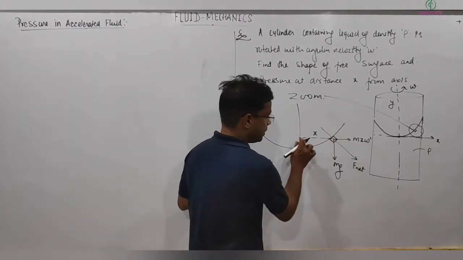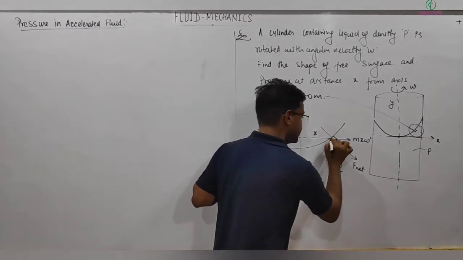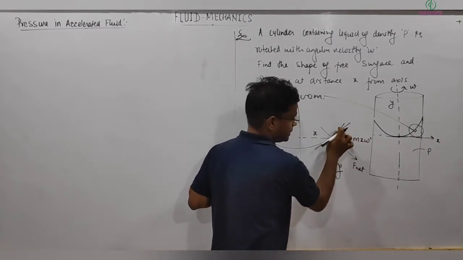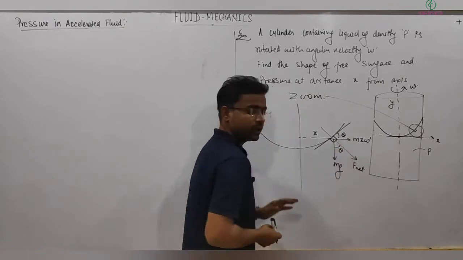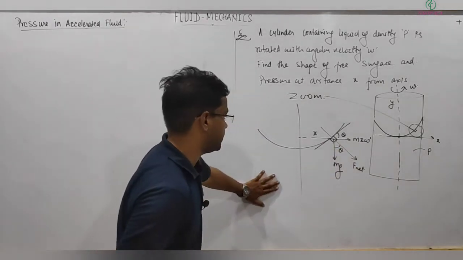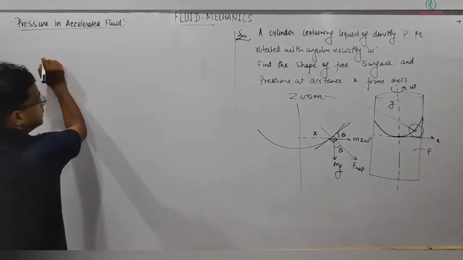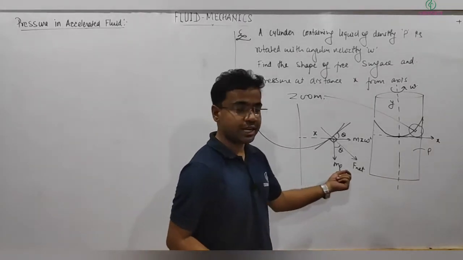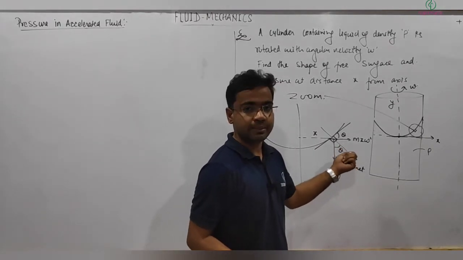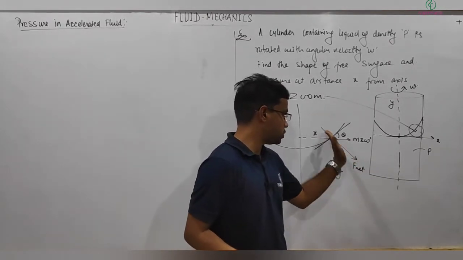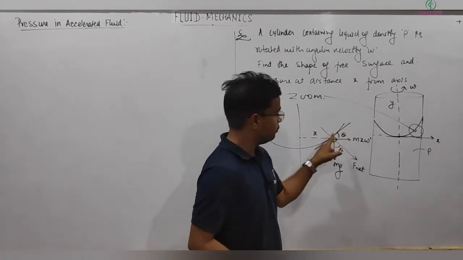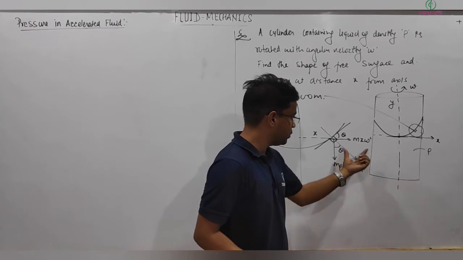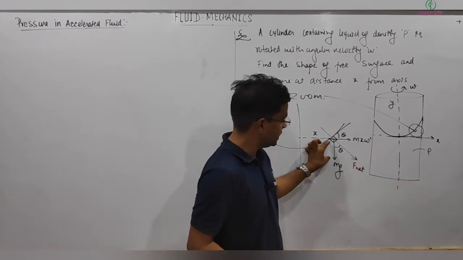Now let's say at distance x, this angle is theta, this is total 90, so this will also be theta, right? First let me get the theta. So tan theta will be equal to what? Because the alignment will be in a manner such that the net force is along the normal to the tangent to the free surface. So this is the net force, m x omega square, and this vertical is mg.